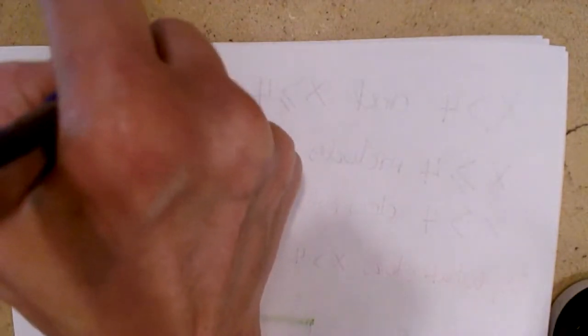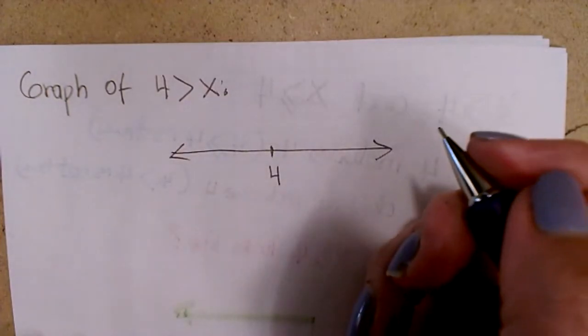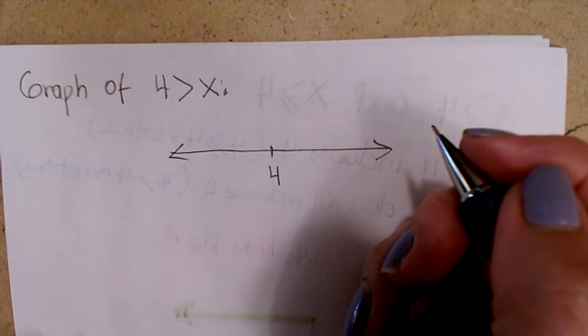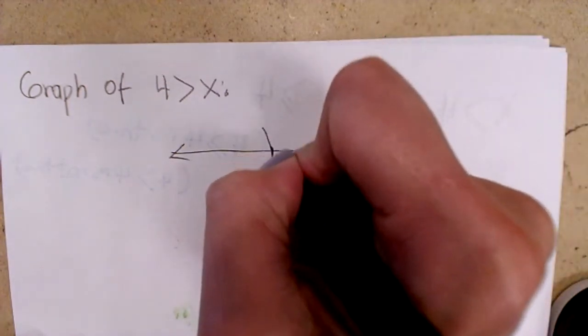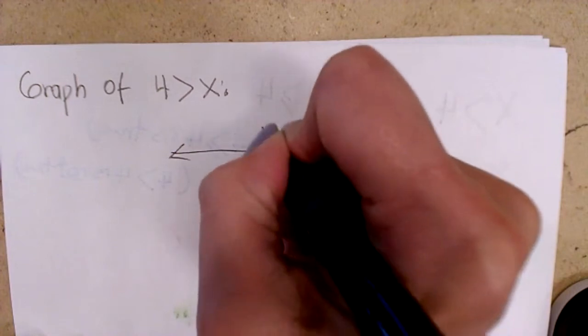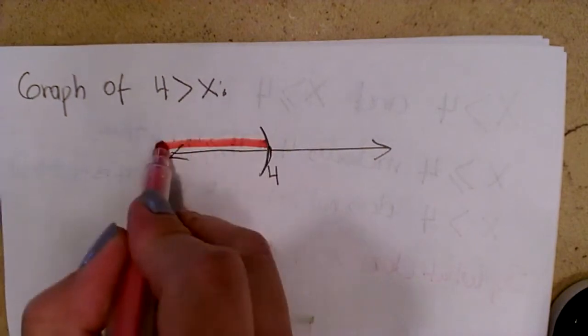So we're going to graph 4, and what do we have? It's going to be all of the numbers that are what? Less than 4.